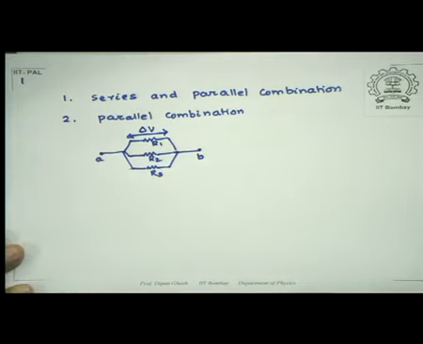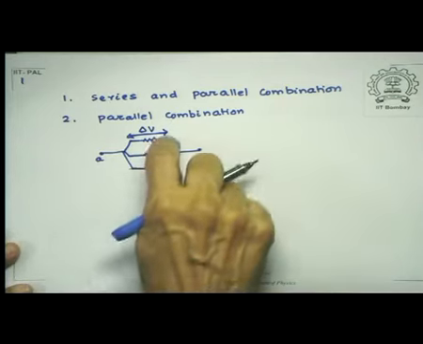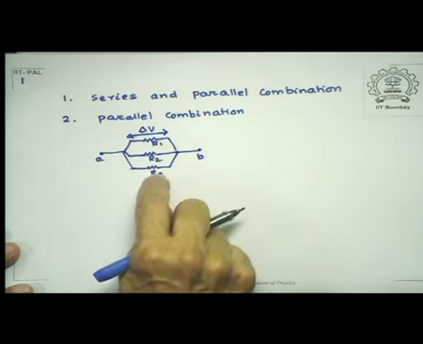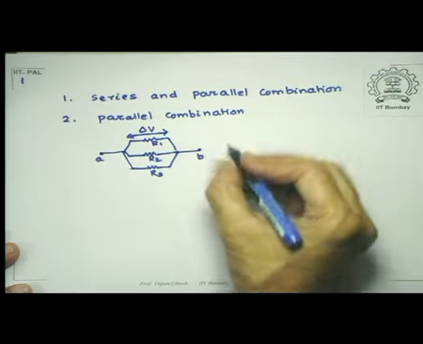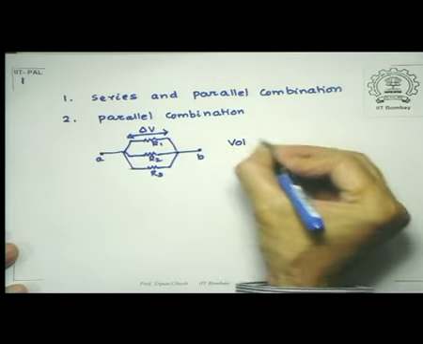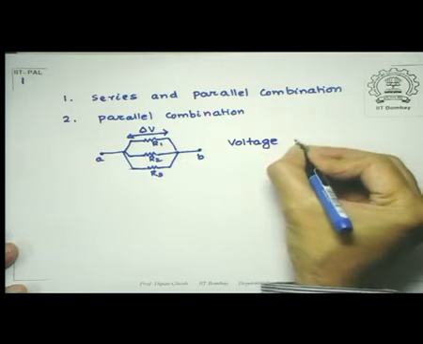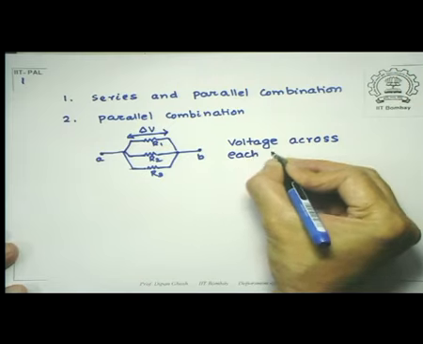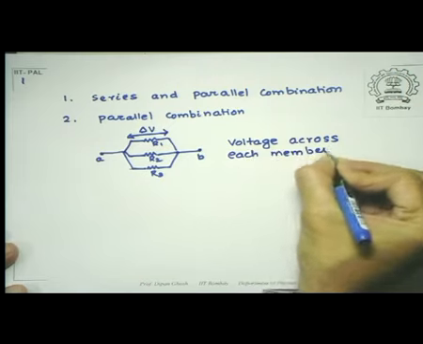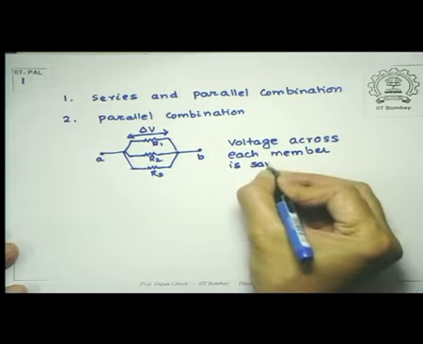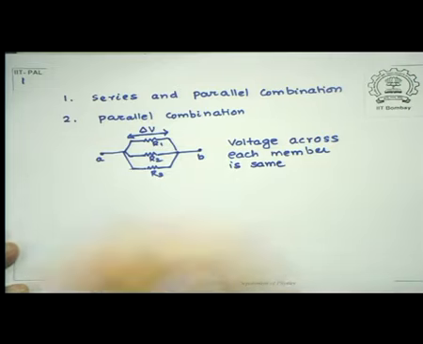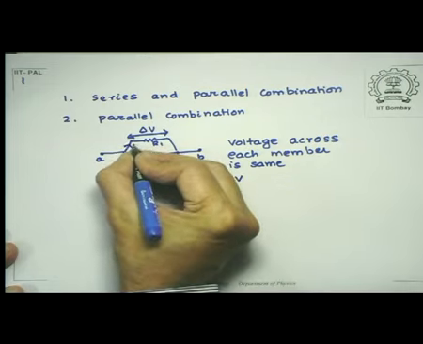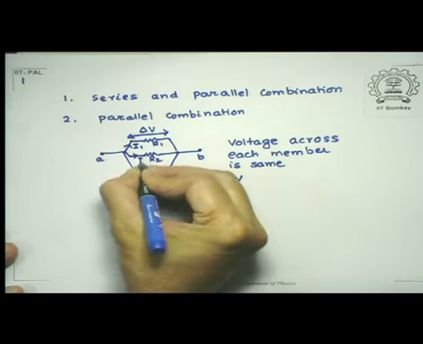So this would mean that since the values of resistances are different, the current in the branches would be different. So we will say that voltage across each member is the same, but current carried is different. So voltage across is delta V. Supposing here I have I1, this is I2, this is I3.